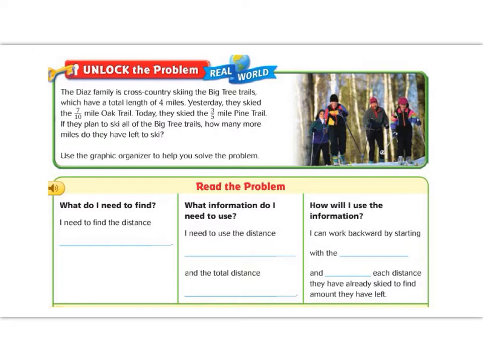So in our problem, they tell us that we need to know how many more miles they have left to ski. So we need to find the distance they have left to ski. And what we need to know is we need to use the total distance that they have already gone and the distance they plan to go.